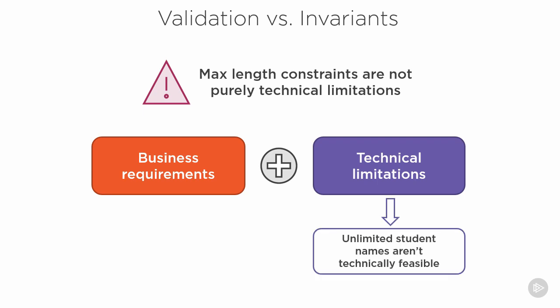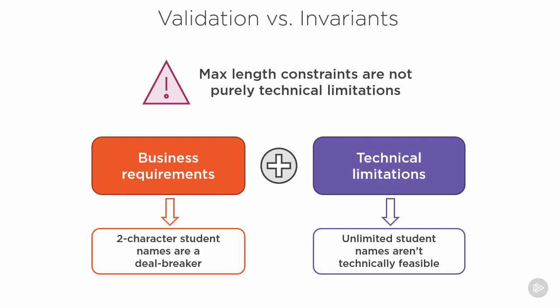Domain experts may love to have an unlimited student name field, but that's not technically feasible. Similarly, a two-character student name is perfectly valid from a technical standpoint, but it is a deal breaker for the domain expert. So again, all validation rules, however simple they are, come from business requirements, at least partially.